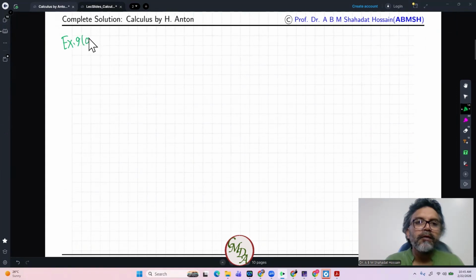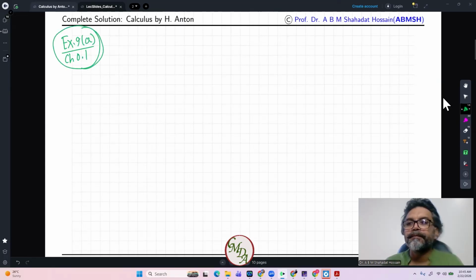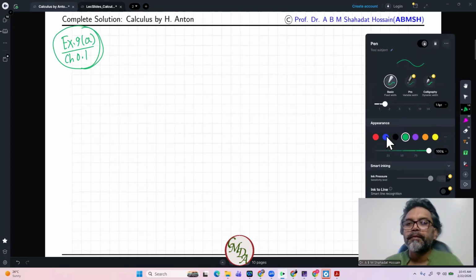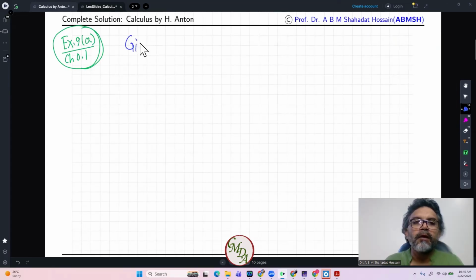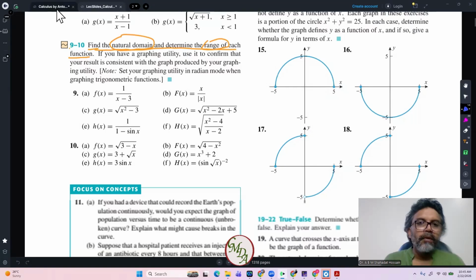Okay, we'll solve the first simple one, exercise 9A, chapter 0.1. Given f of x is equal to 1 by x minus 3. So let's recheck this problem.